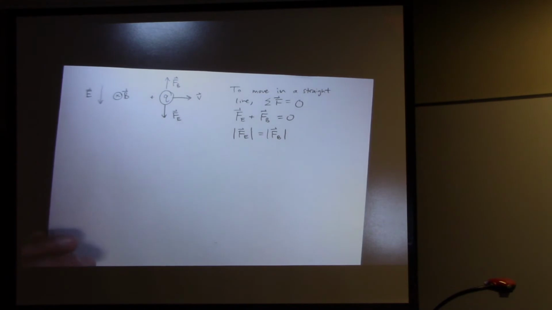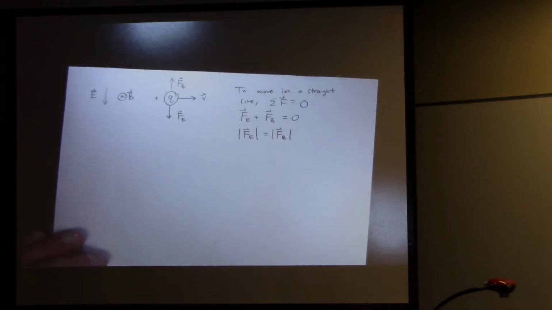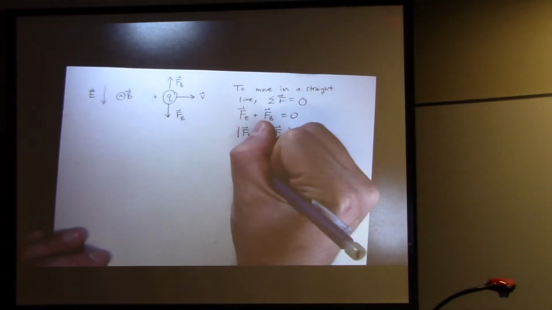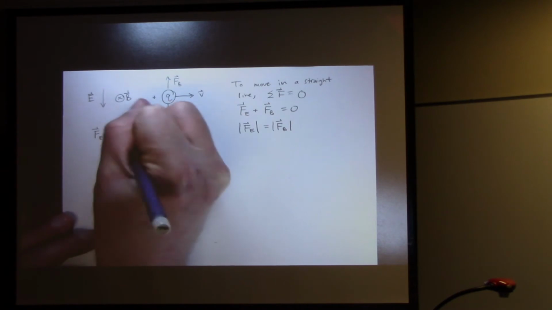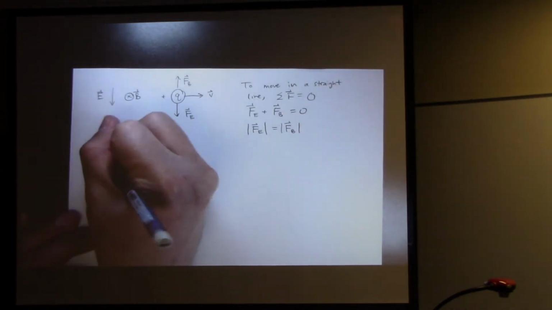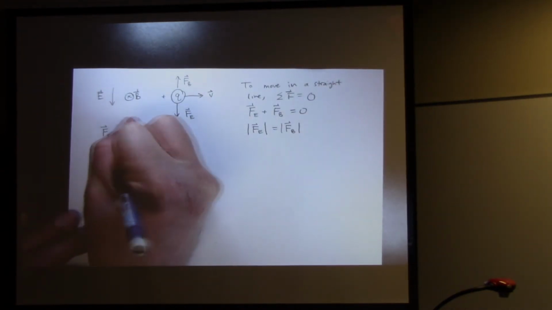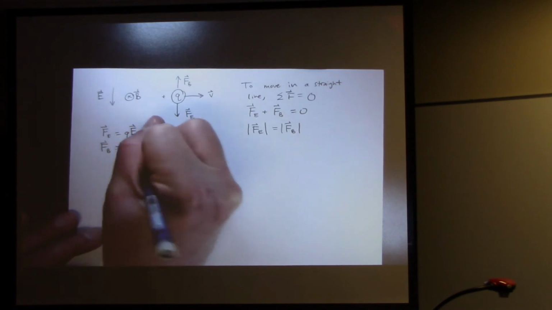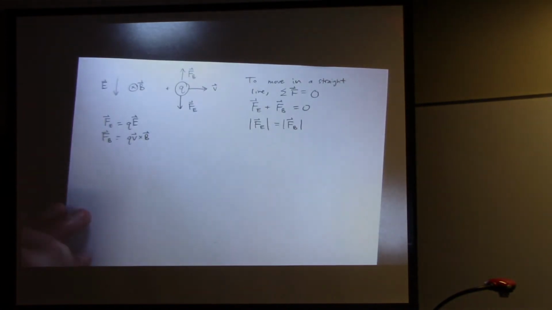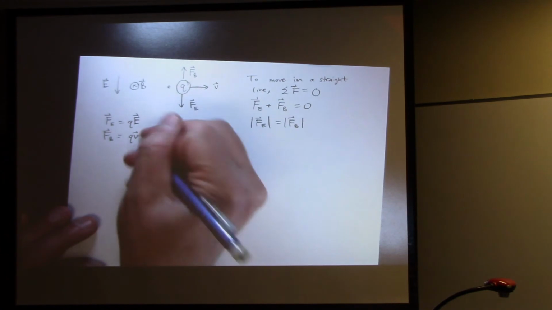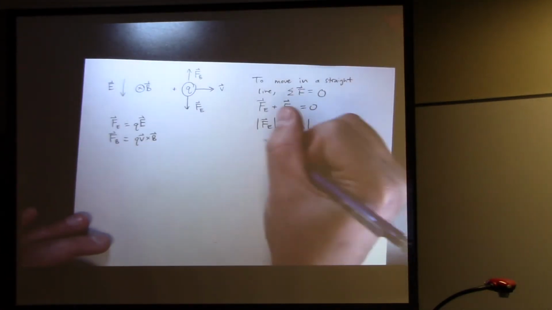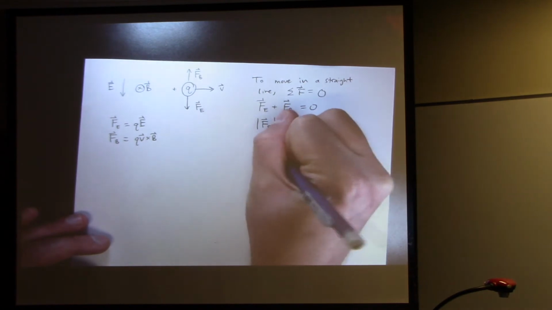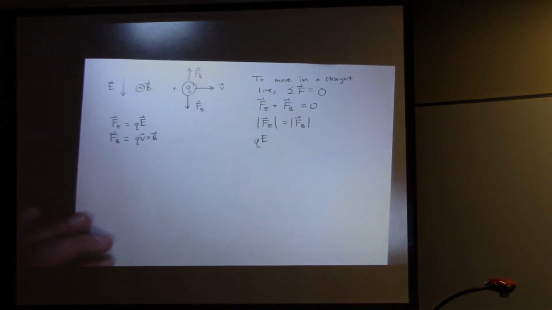Okay, so let's work that out. The electric force is given by, here, let's do this on the side, Q times E, and the magnetic force as a vector is given by QV cross B. So on the left side where I have my electric force, and I'm only thinking about the magnitude, I'm just going to write Q times E. So that's just the magnitude of that force.